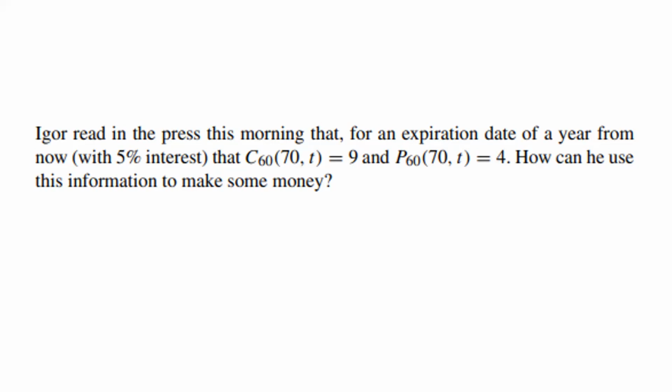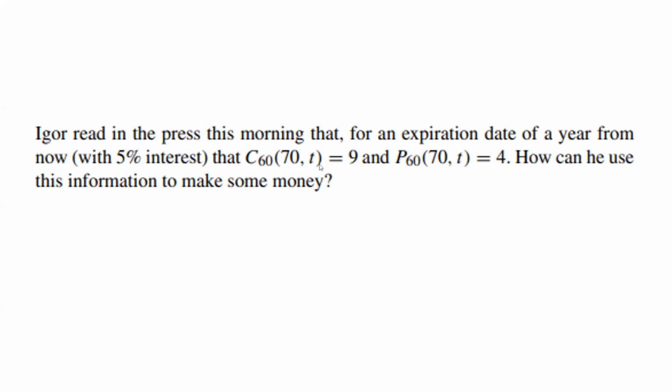How much is your E, the strike price? 60. That's 60. You know your CE and you know your PE, correct? And you also know your R, right? So now you want to figure out if there is a possibility of an arbitrage, right?